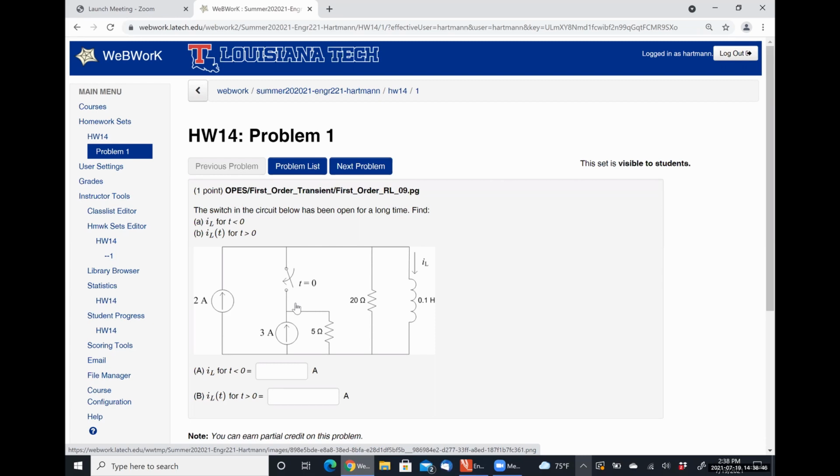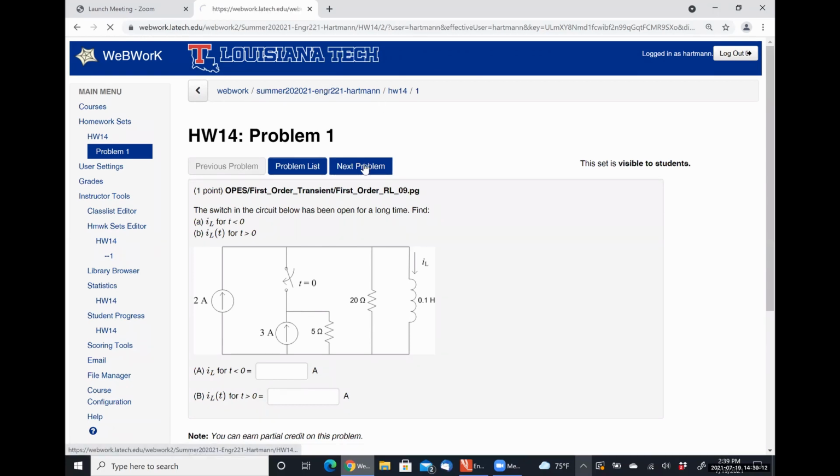That 2 amp source on the left is always connected to the inductor, right? What that switch does is cause the 3 amp source to also start contributing to the behavior of the inductor as well. But since that 2 amp source never goes away, this is a total response problem. And we'll actually work it in just a minute.